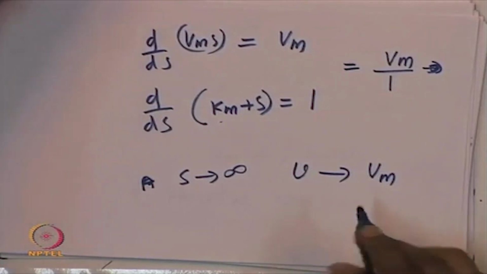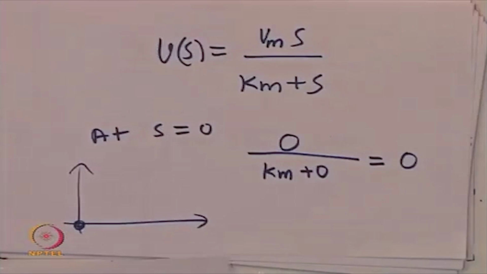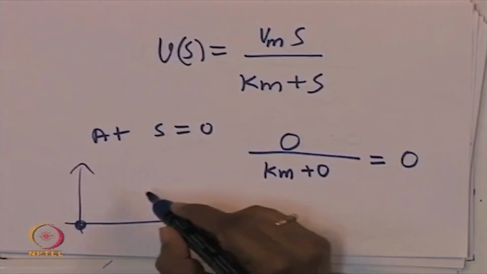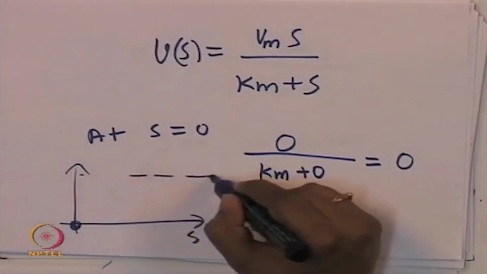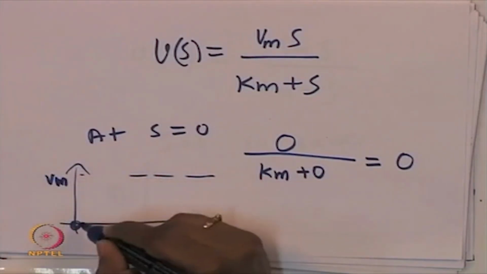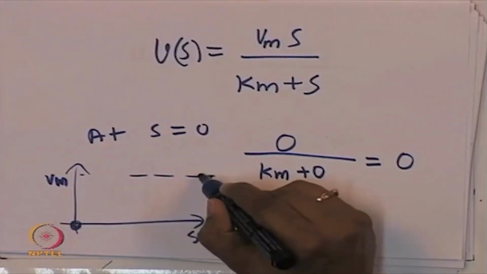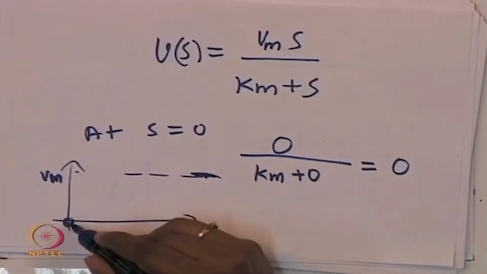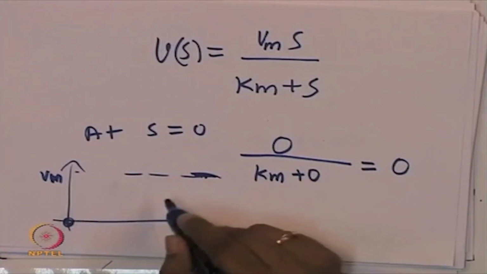So, in this graph that we have to plot, the function starts at 0, and for a large value of s it has to reach the value Vm. It has to have some curve between this value and that value, and the only question is whether there is any maxima or minima.